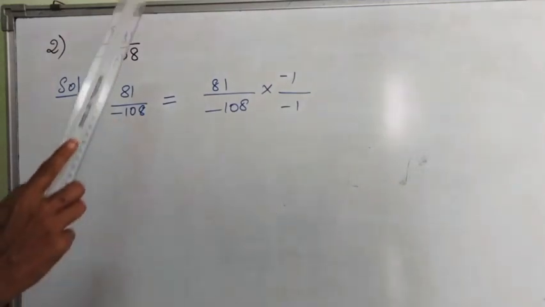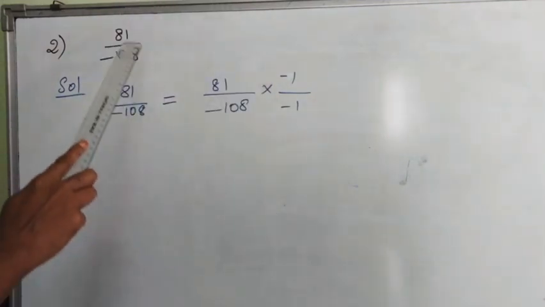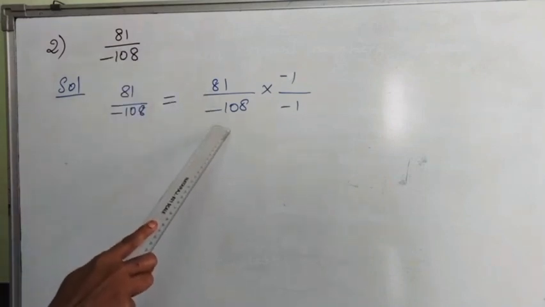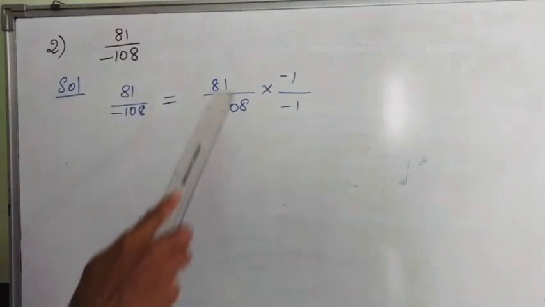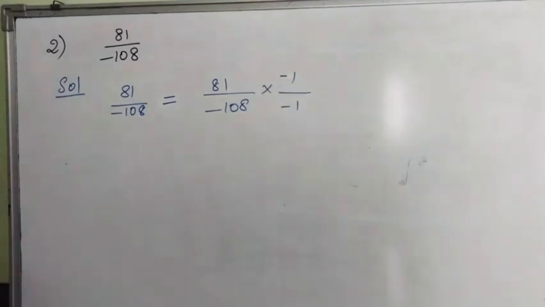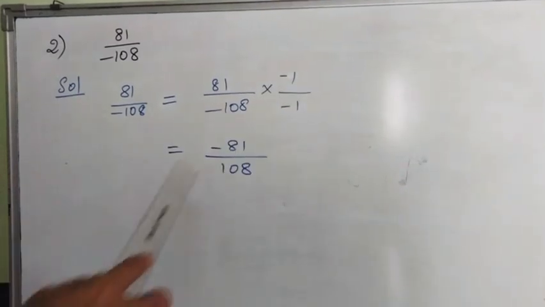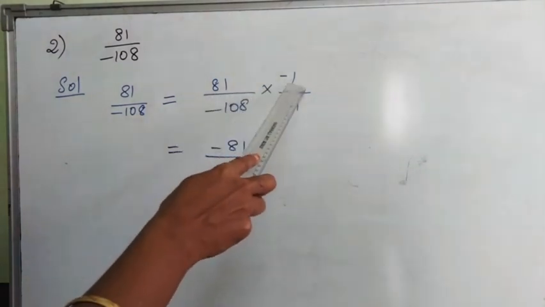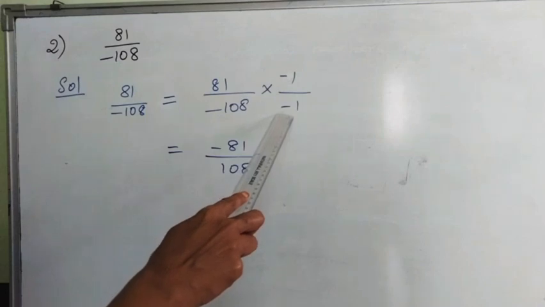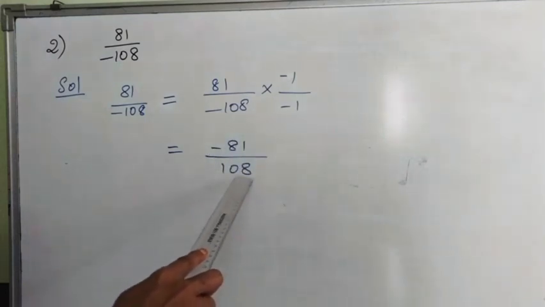In the simplest form, if the denominator value is negative, you have to do this step first. And see the next step: 81 into minus 1 is minus 81, minus into minus is plus, 108 into 1, you get the answer 108.